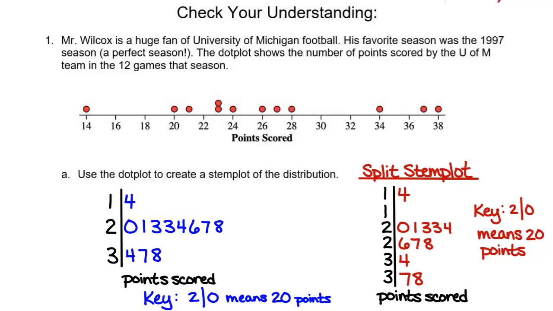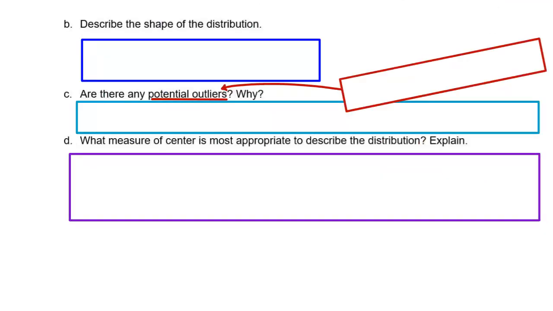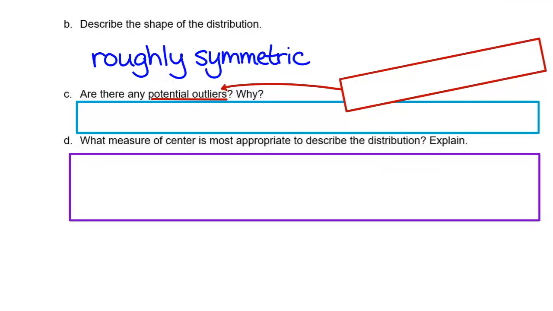And especially when I look here, I see the big bump of data in the middle, and I see these tails that are reasonably equidistant from that big bump of data. So I would call this approximately symmetric, or roughly symmetric. I would never, ever, ever call a distribution just symmetric. I'm always going to soften it up.